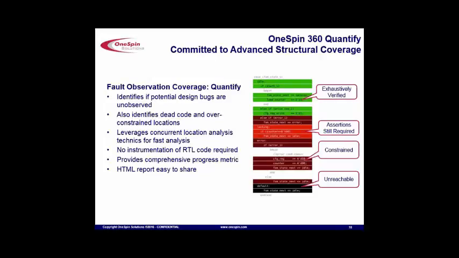You can see here, for example, the green code lines. They are detected by assertions, so they are observed and therefore exhaustively verified. The red ones show you there are still assertions missing, so these lines can hide potential bugs, as well as the constraint locations, like the brown ones here, that can also hide potential bugs.